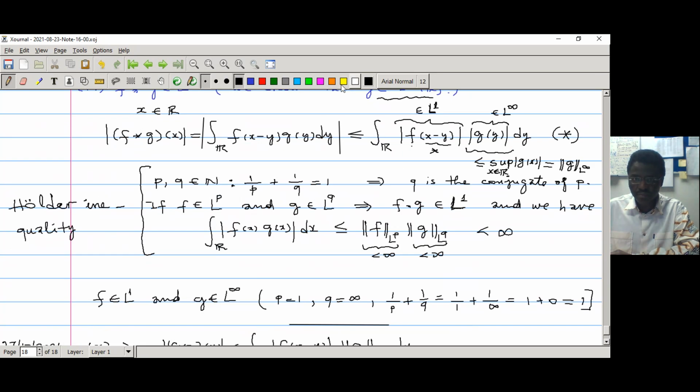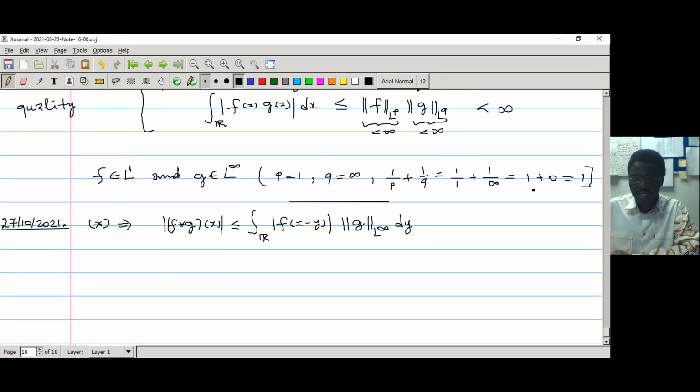So I take the upper bound of this, where I substitute this with that one. But you see that this does not depend on y. I can take it out of the limit of integration, right? So I consider that this is equal because I'm taking this outside.